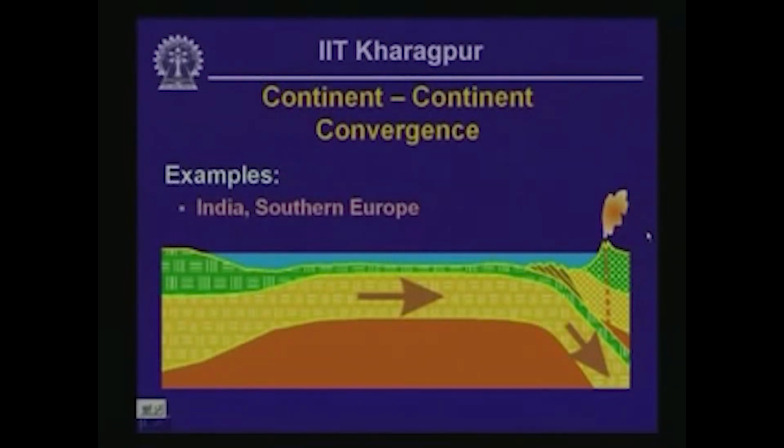And the direction of plate movement is shown by thick brown arrows, and that is also the same type of symbol that we used when we discussed the convergence between two oceanic plates and one continental and one oceanic plate.